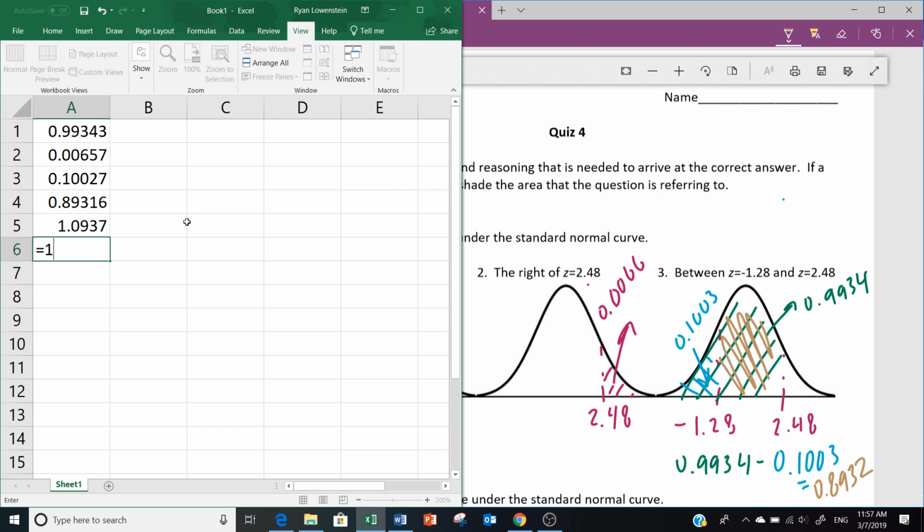And you did 1 minus this. Okay, so over here, 1 minus this here. And then you did 1 minus that, and that gave you the answer. Okay, let me think about why that works.